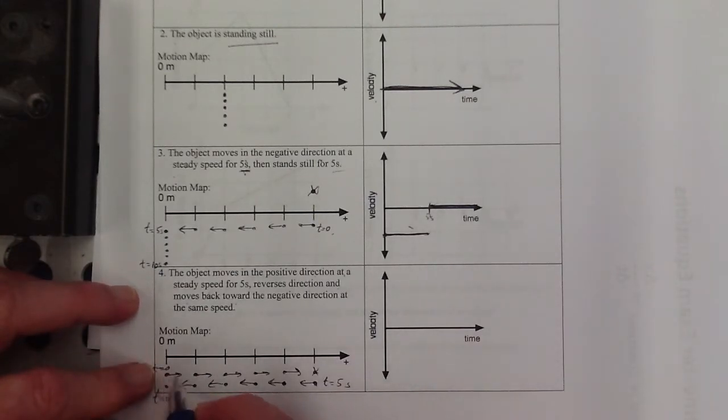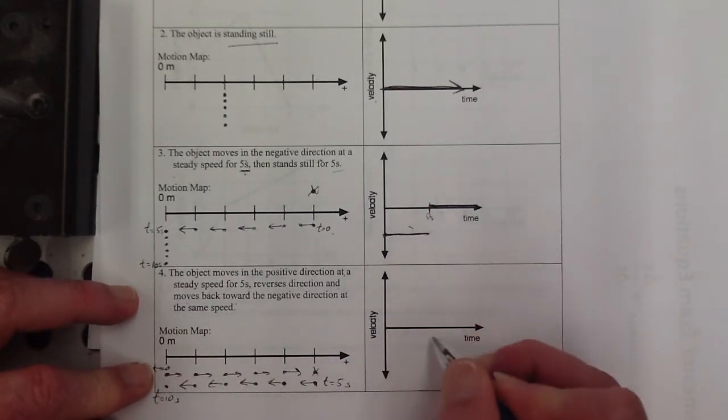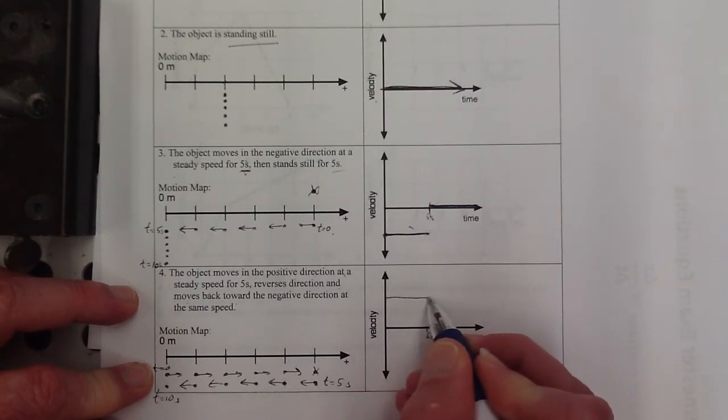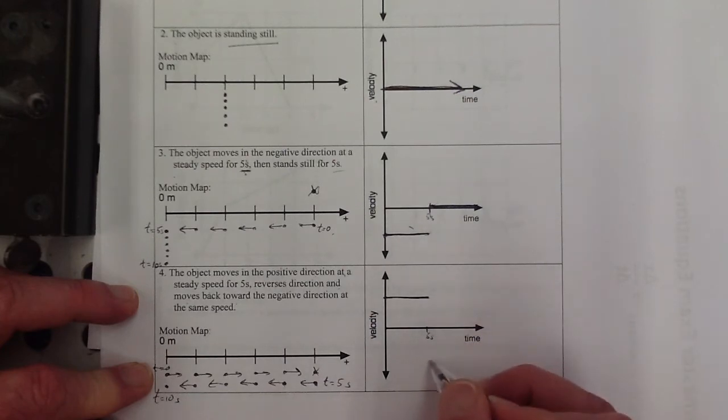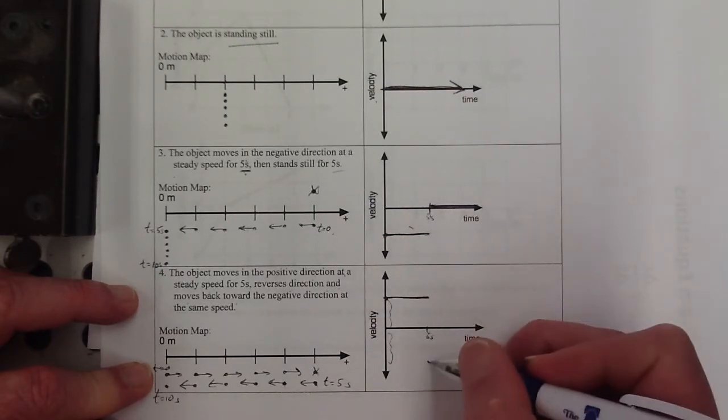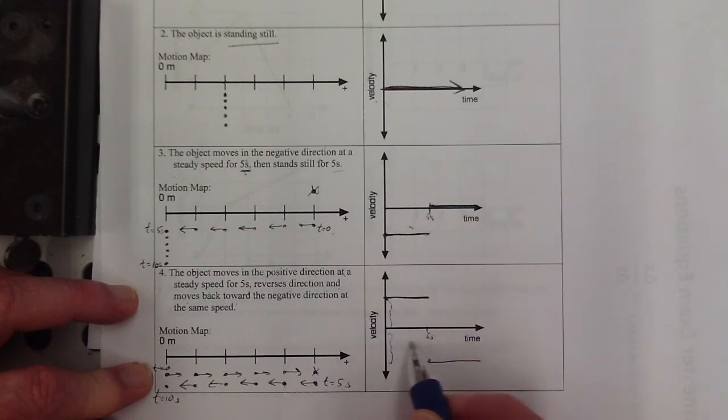Well, for the first 5 seconds, here's my 5-second mark there, it has a constant positive velocity, and then for the next 5 seconds, it has the exact same, so this distance here needs to be the same as that. It would be wrong for that to look really close to the axis, and that was far away.